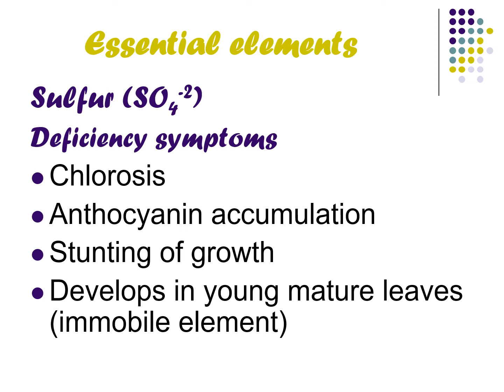However, the chlorosis caused by sulfur deficiency generally arises initially in young mature leaves rather than in the old leaves as in nitrogen deficiency, because unlike nitrogen, sulfur is an immobile element.